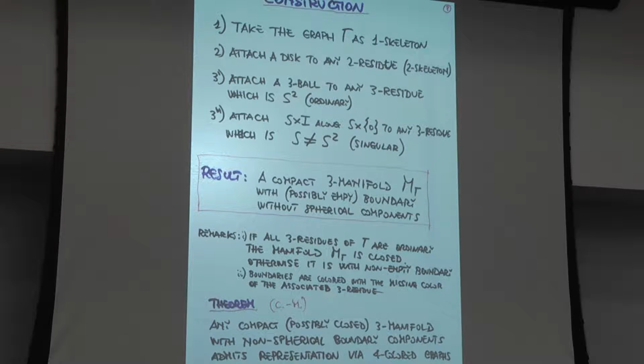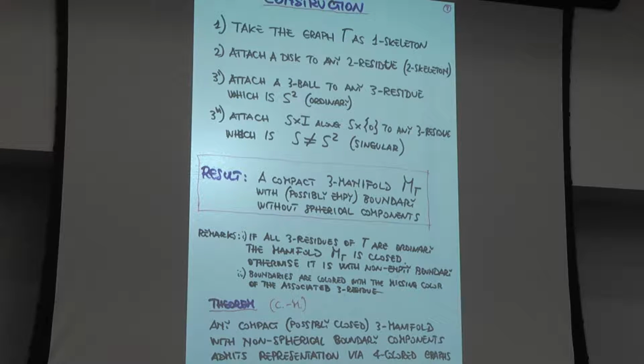After attaching these disks to any two residue, you obtain a two-dimensional complex. This two-dimensional complex is a special complex, and it will be a special spine of the future manifold, up to some puncture, possibly.